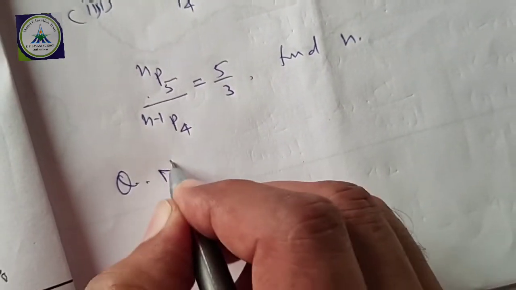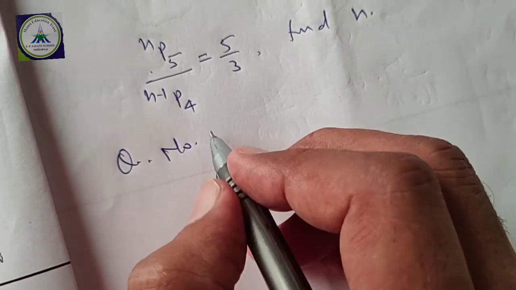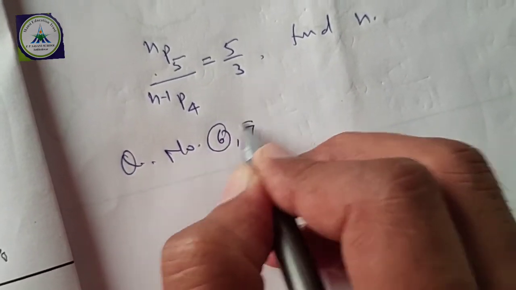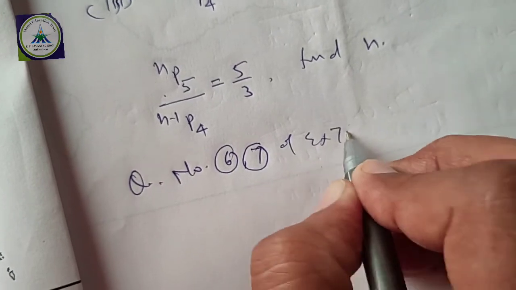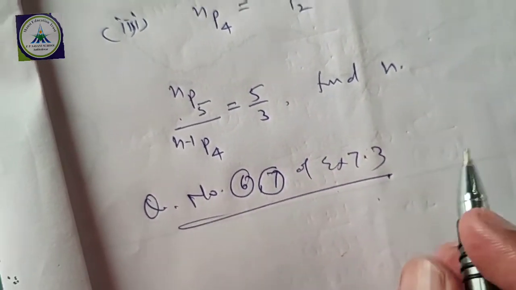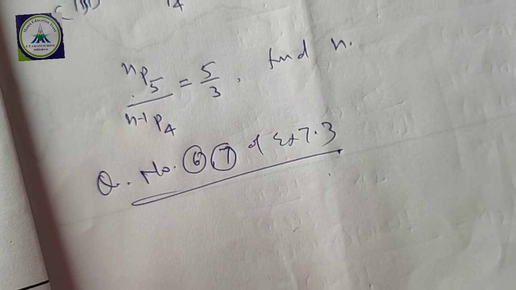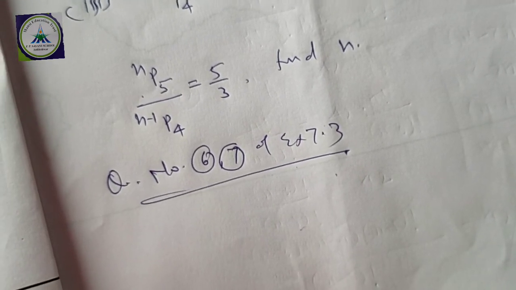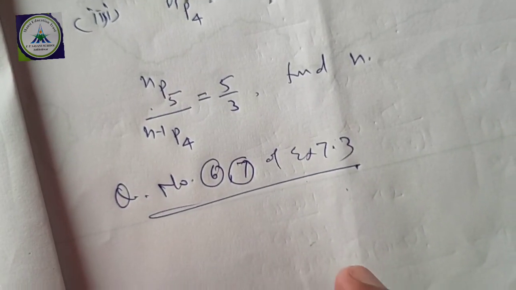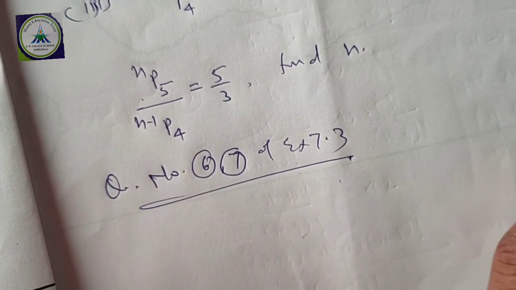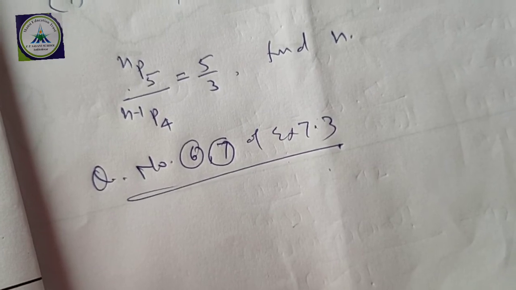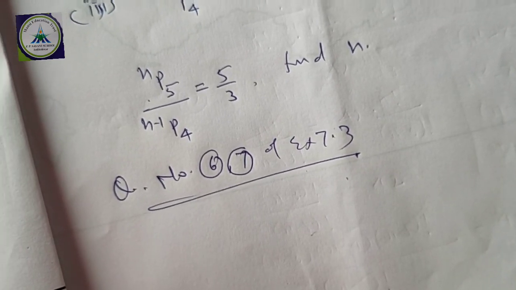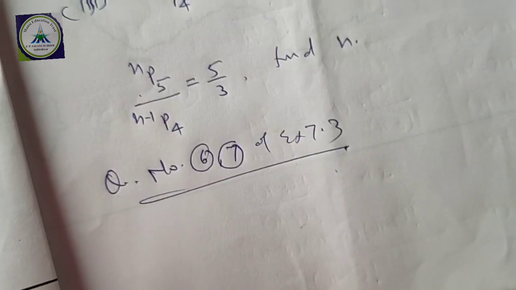And questions number 6 and 7 of exercise 7.3 only. Then after that we will start exercise 7.3. You can read and set your mind on the formulas and theorems, and then after that we will start exercise 7.3.